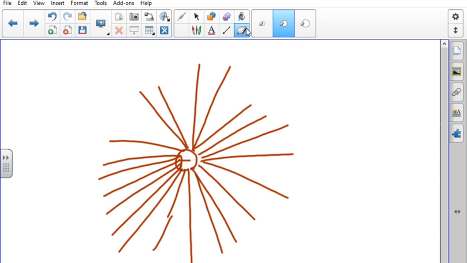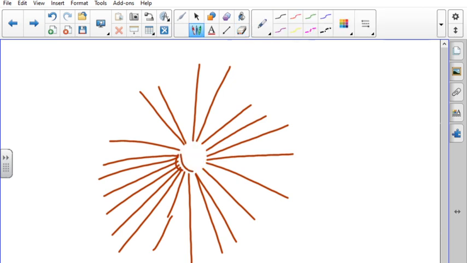You can draw any number of lines, but this is a positive charge, so the direction is always radially outward. Yes, radially outward. So let us mark the direction of the electric field vector.